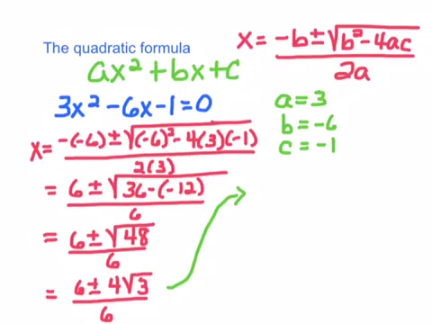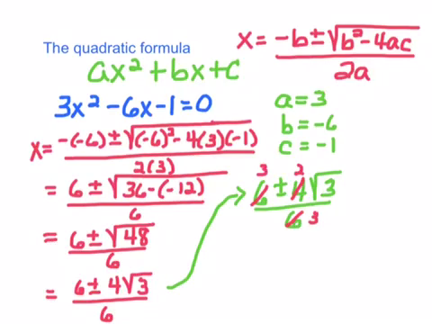So let me bring this up here. Look at the numbers outside the radical. 6, 4, and 6 are all divisible by 2. So we're going to divide by 2, divide by 2, and divide by 2.